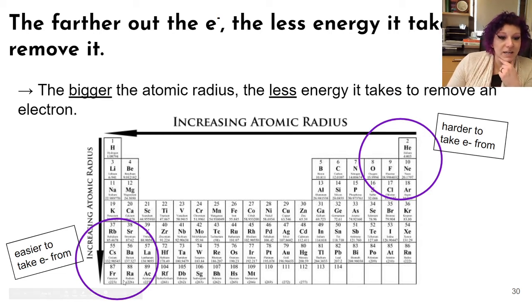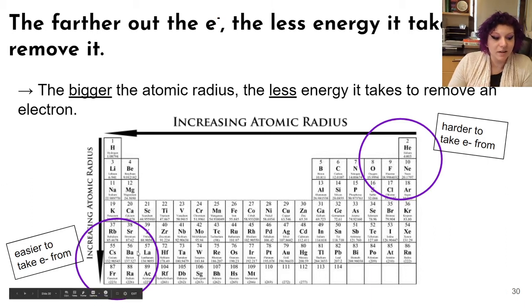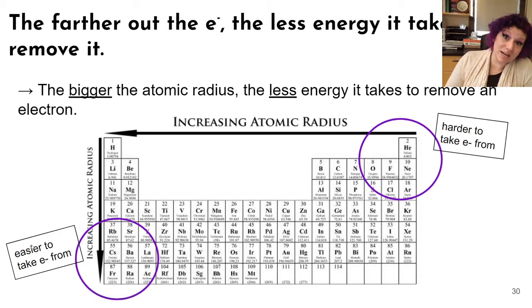So again, looking at that atomic radius chart, ooh, look, we can start connecting the ideas. So the big elements down here, like Fr is francium, these are easier to take electrons from. The top right, they do not want to let go of their electrons. You are going to have to put in a lot of energy to take any of their electrons.